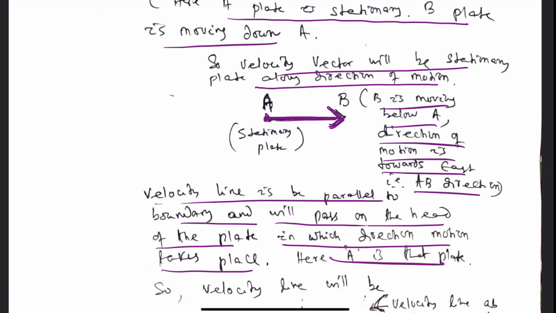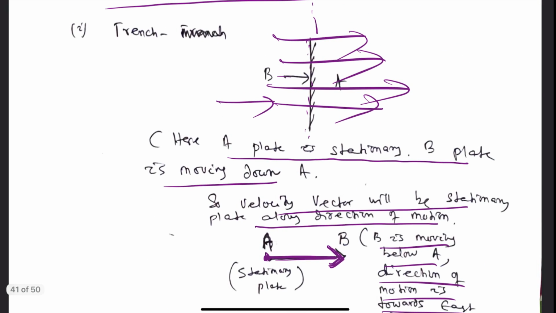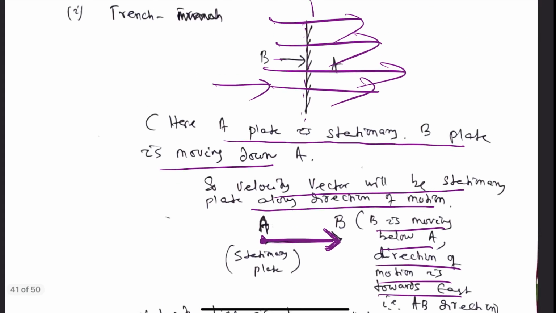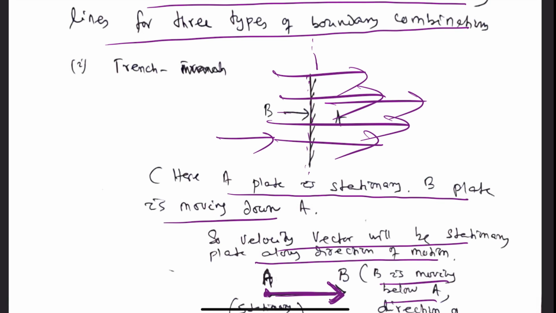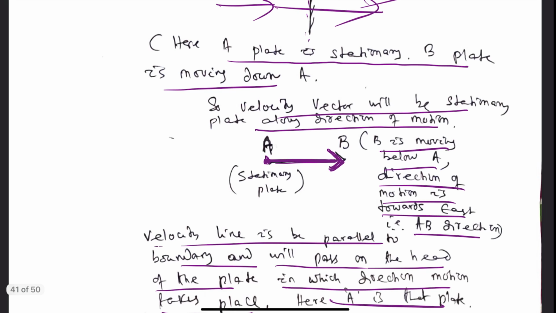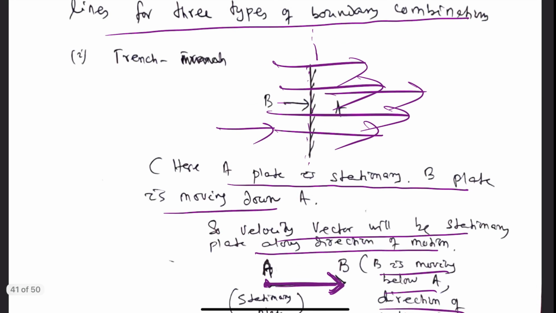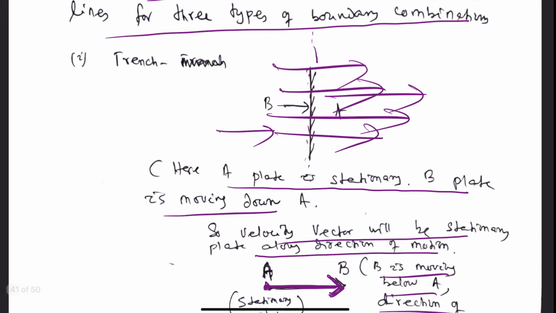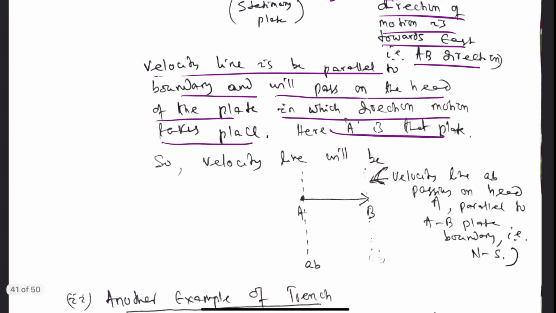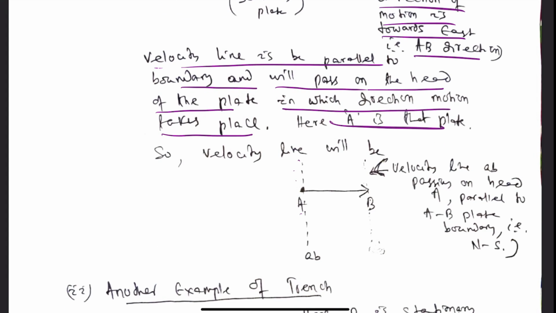Here A is the plate, along this direction the movement is taking place. So over the A head the velocity line will be aligned, and it will be aligned along the direction of the plate boundary.